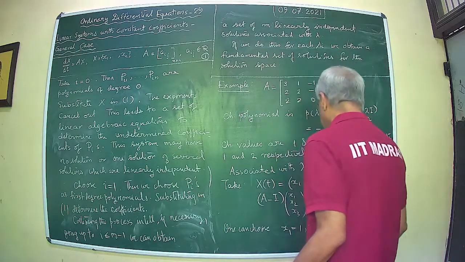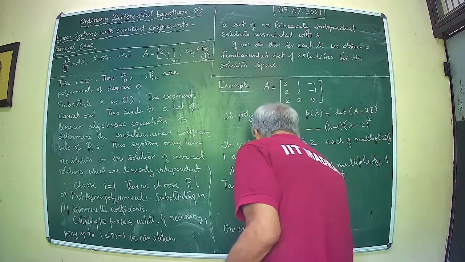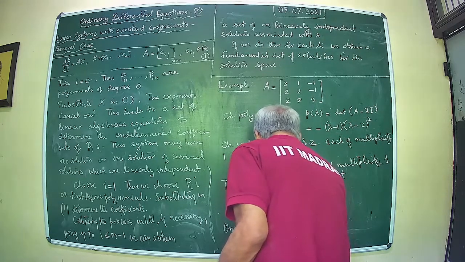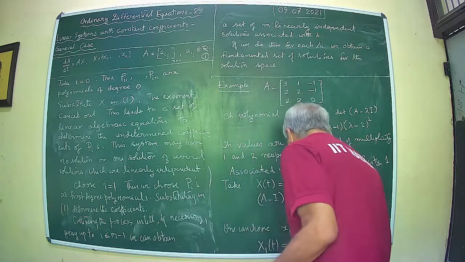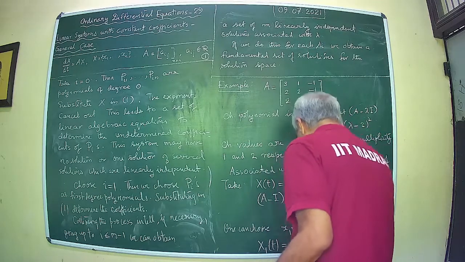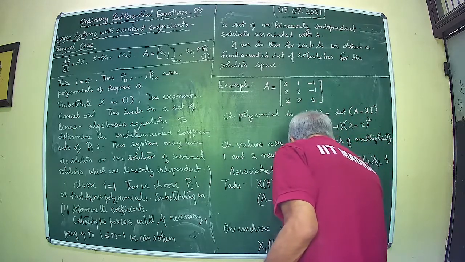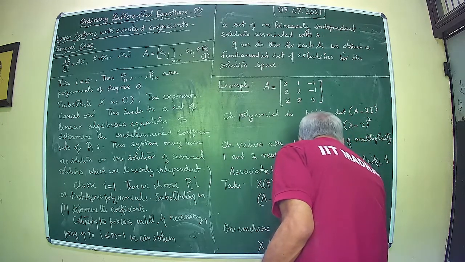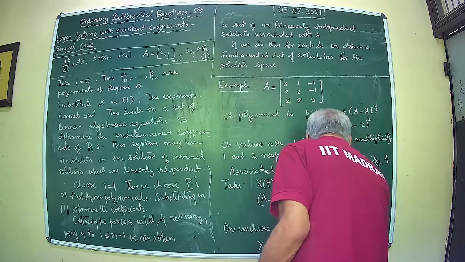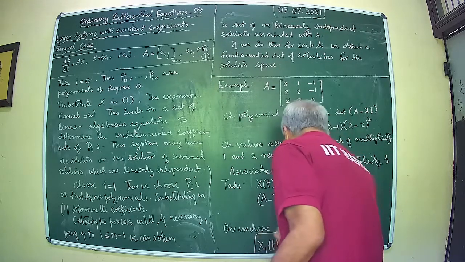So x1(t) equals (1, 0, 2) e to the power t. This is one solution.